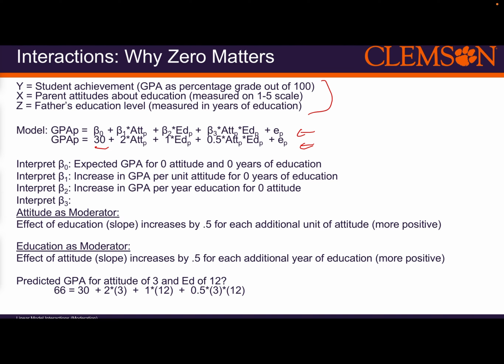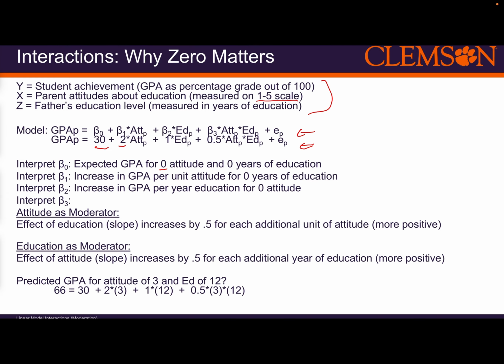That is entirely possible, probably not likely in most societies, but it is possible. But the 0 of attitude is not possible because attitude is on a 1 to 5 scale. So it's kind of thinking that's a GPA for someone who has less than a negative attitude toward education. I don't know, but it's outside the range. So that's the intercept.